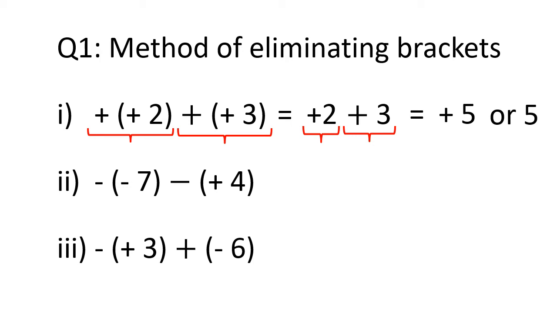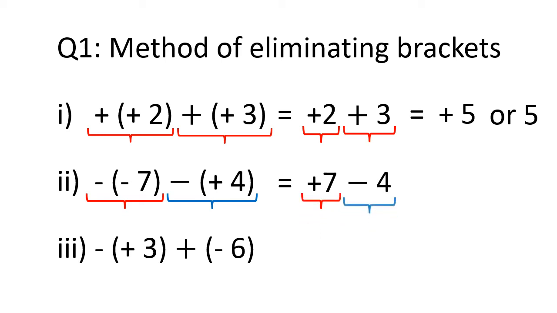The second question is negative 7 minus positive 4. Negative 7 is double negatives, which is positive 7. Minus positive 4 is negative 4. So this is positive 7 and negative 4. This is an addition of opposite signs, so we need to compare 7 and 4.